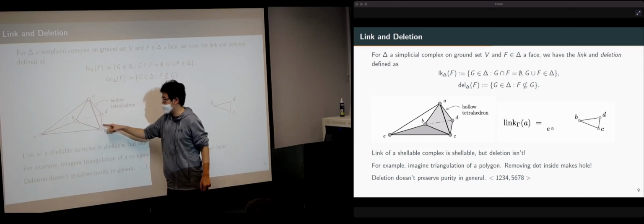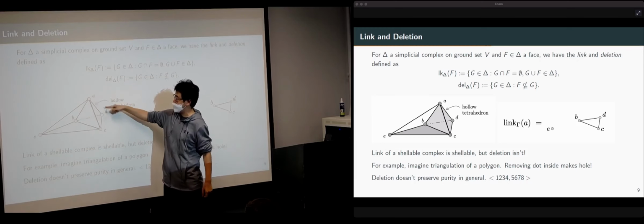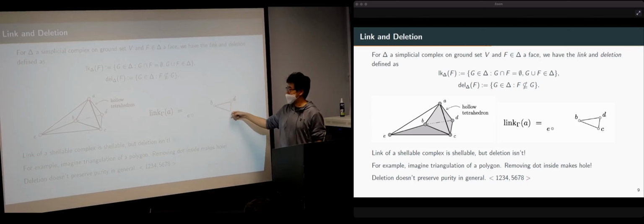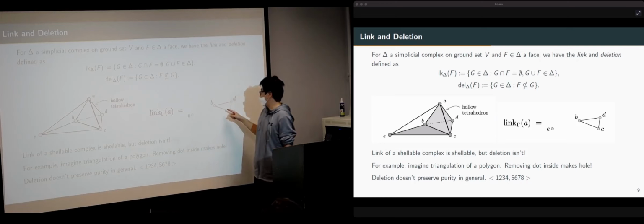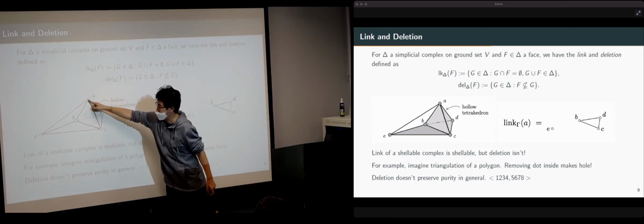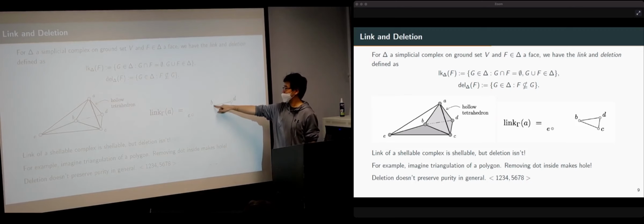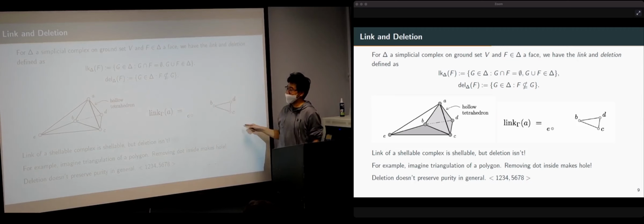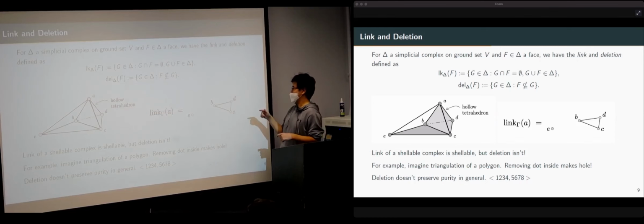So for example, all the vertices are going to be in the link because we have the edges AE, AB, AD, and AC. So all the vertices are here. And the edge BD is going to be in the link because we have the face ABD inside the original complex. So we have the edges BD, BC, and DC, each corresponding to the triangles ABD, ABC, and ADC.